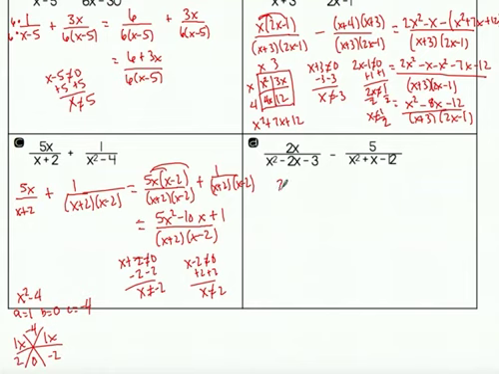Last one, so you've got 2x on the top. I need to factor x squared minus 2x minus 3 using the star. So I'm looking for two numbers that are going to multiply together to give me negative 3, but add to give me negative 2. So that'd be negative 3 and positive 1.